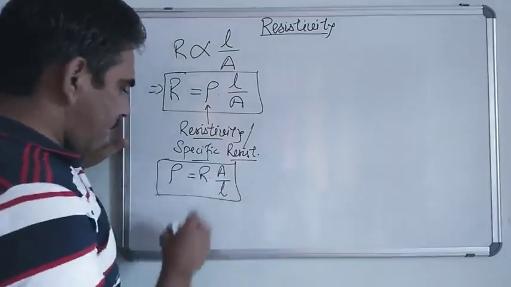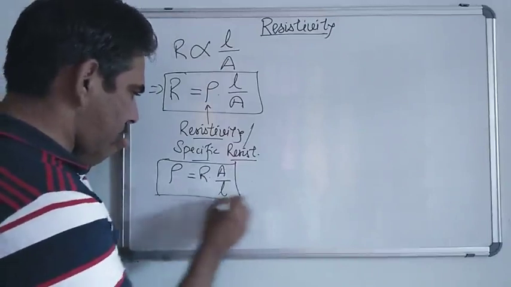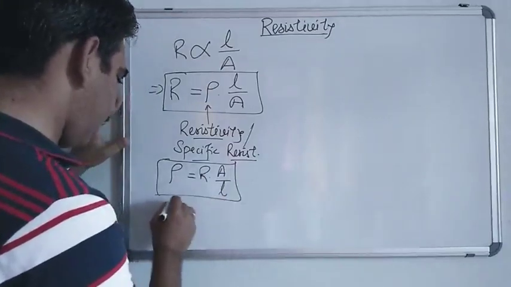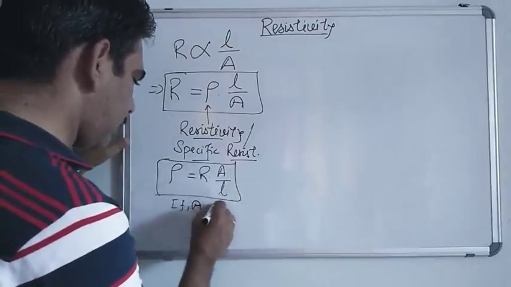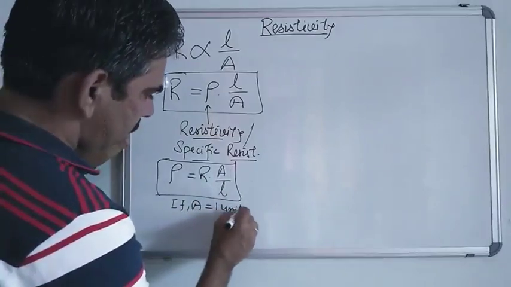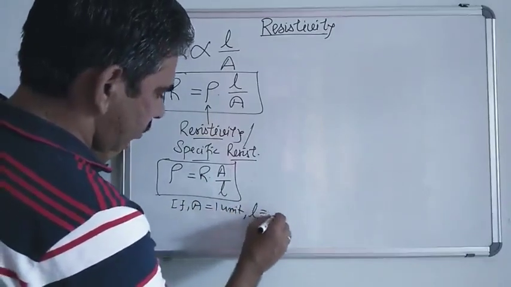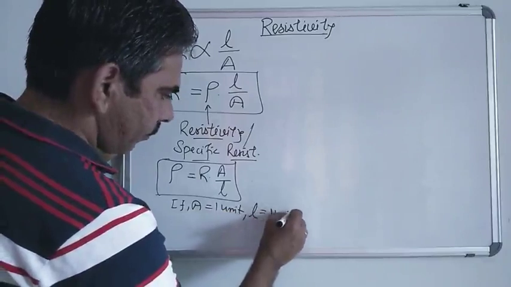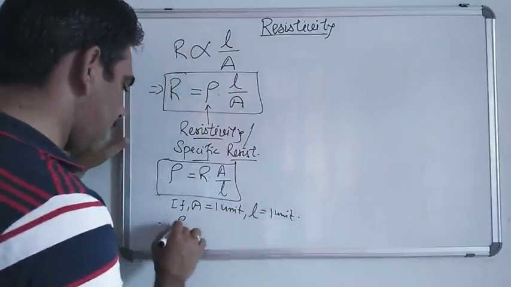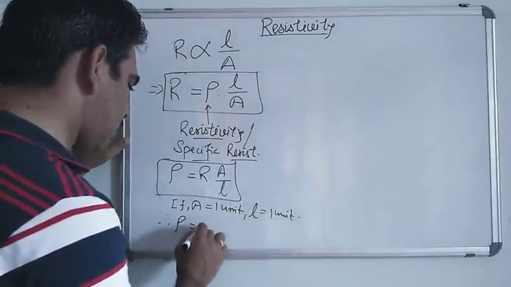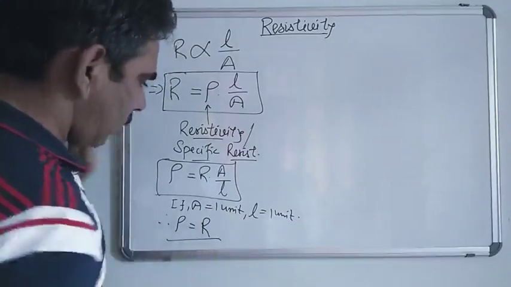So from here we can define the resistivity of any metallic conductor. Suppose that we have a conductor whose area of cross section is 1 unit and L is also equal to 1 unit, then the resistivity is the resistance of the conductor.